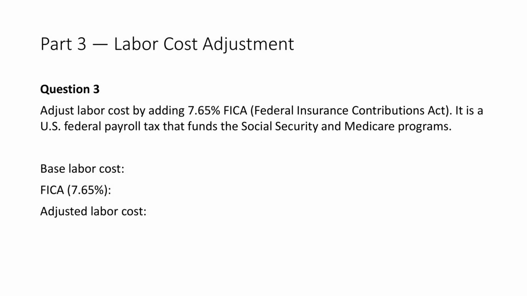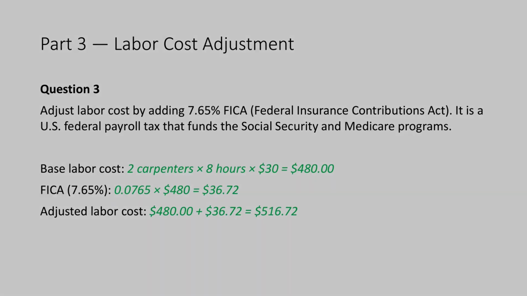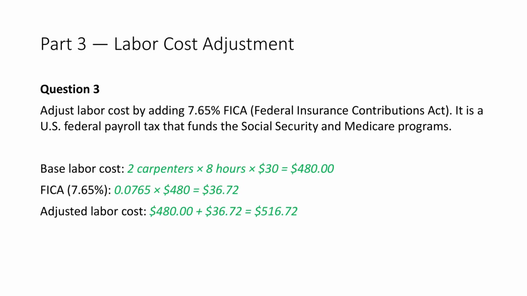Part 3, Labor Cost Adjustment for FICA. Question 3, adjust the labor cost by adding 7.65% FICA, which represents the employer's required federal payroll contribution for Social Security and Medicare. Explanation. We start with labor hours.